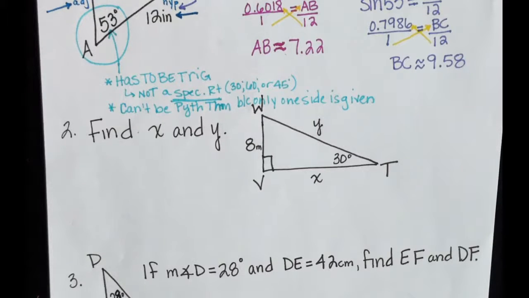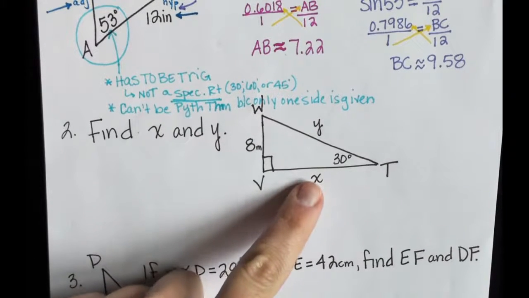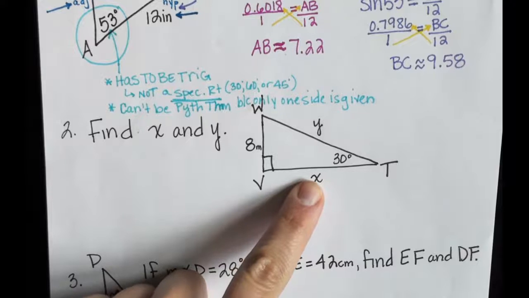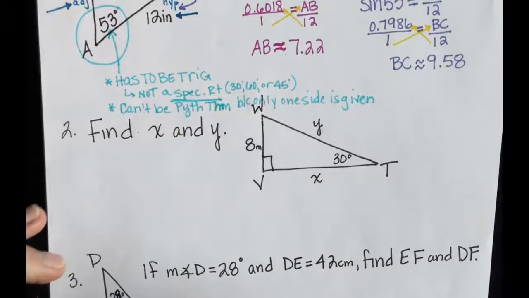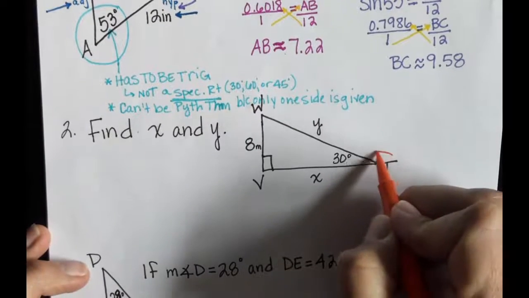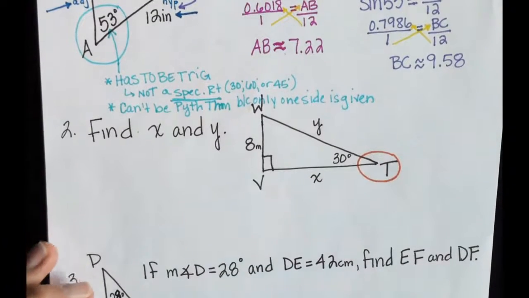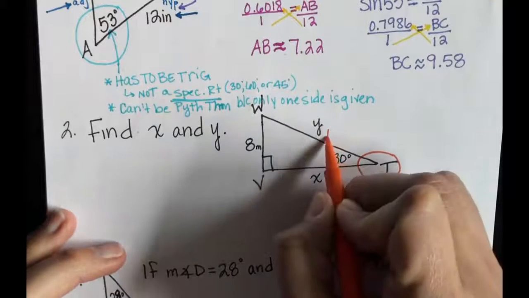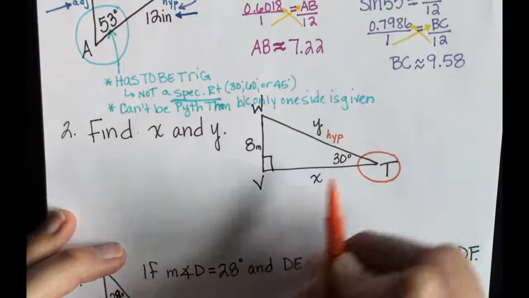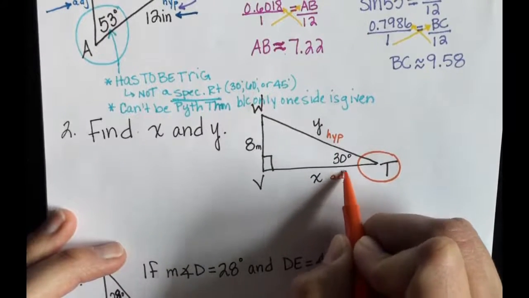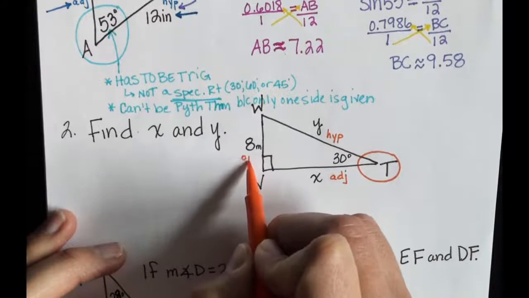If you would, type in, if we're trying to find x, what trig function you think we're going to need. If it's sine, cosine, or tangent, and I am going to tell you that as you think about it, I'm going to go through the steps of circling my reference angle, labeling my hypotenuse, my adjacent side, and my opposite side.